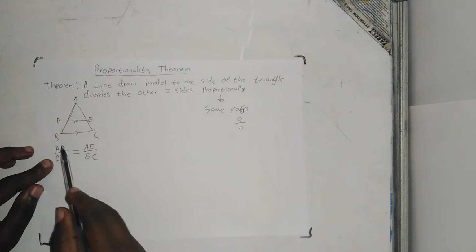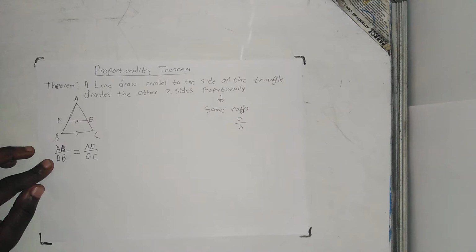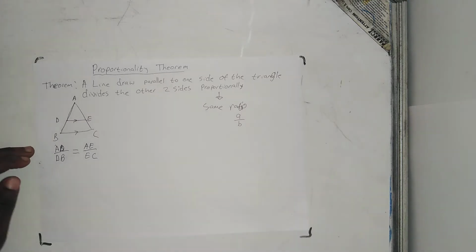You say this side divided by this side is equal to this side divided by the other side. Now this is what this theorem tells you.